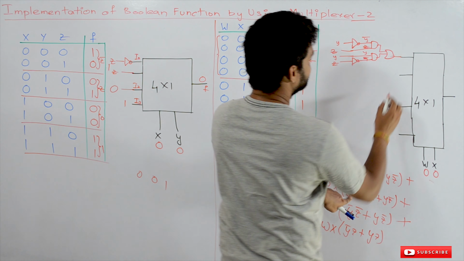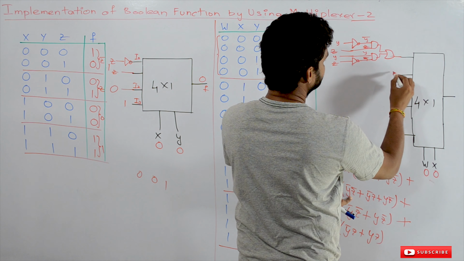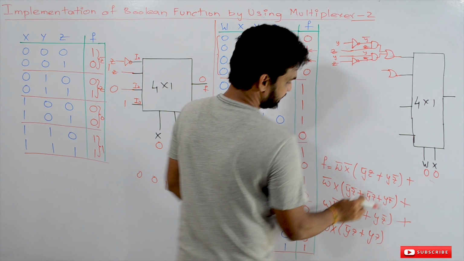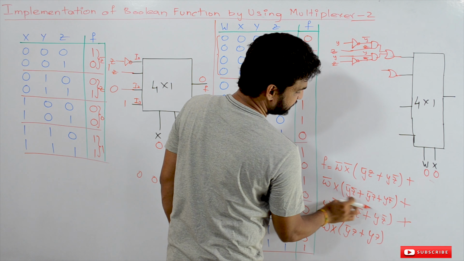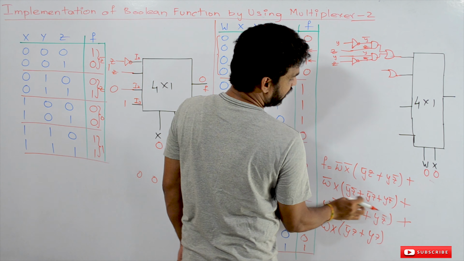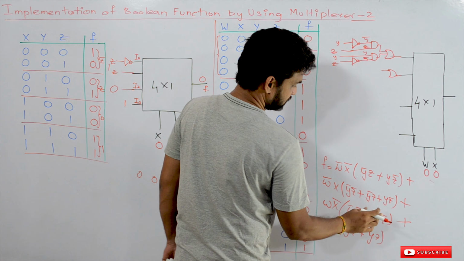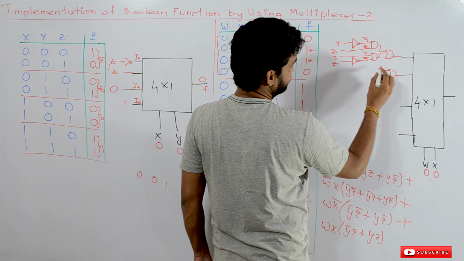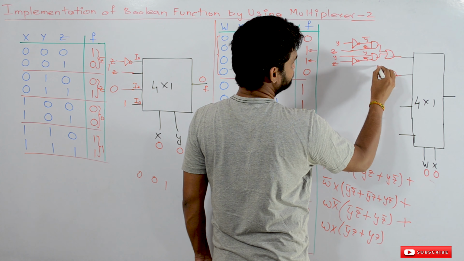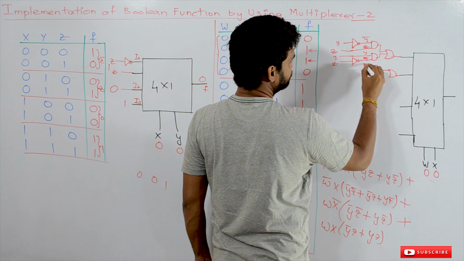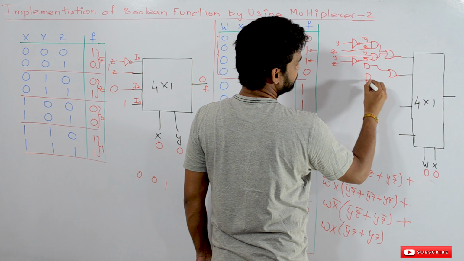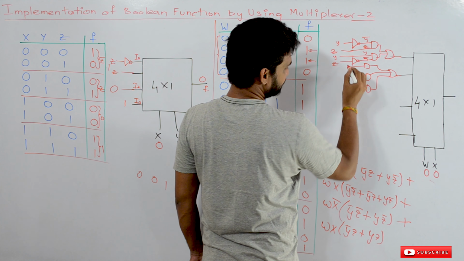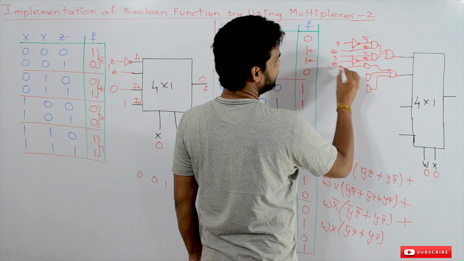In a similar way, how will this get connected? It is a combination of 3 AND gates to an OR gate. So it is AND gate 1, AND gate 2, AND gate 3, and this AND gate is connected to Y bar, Z bar.